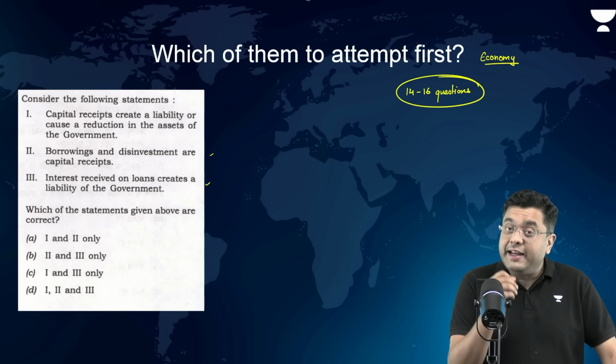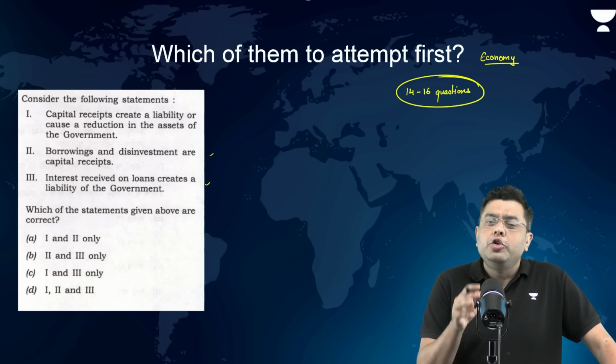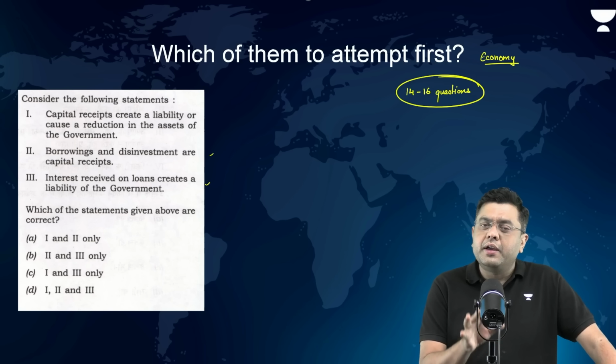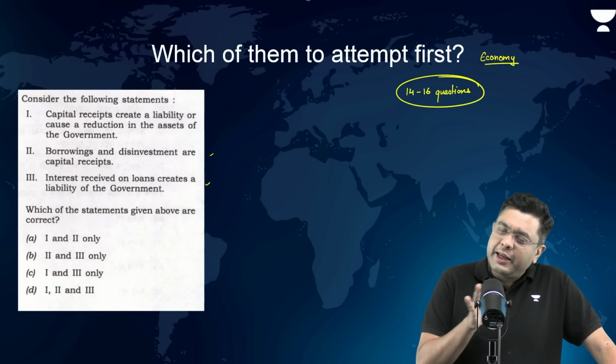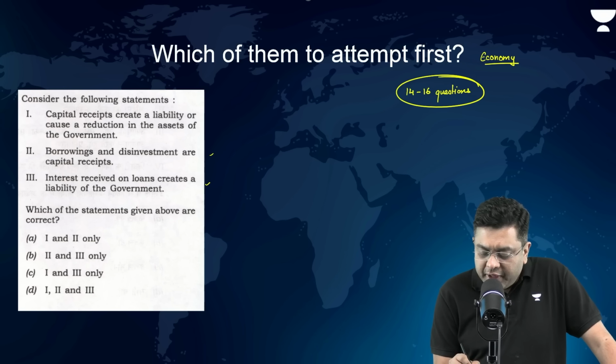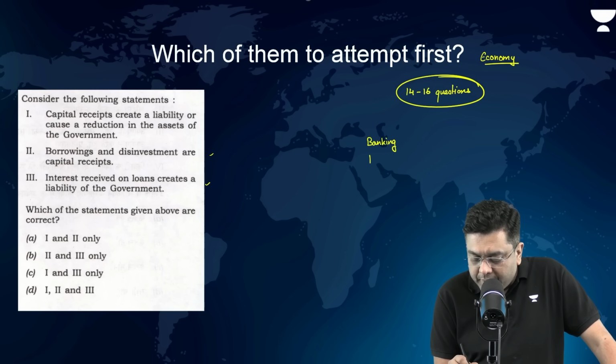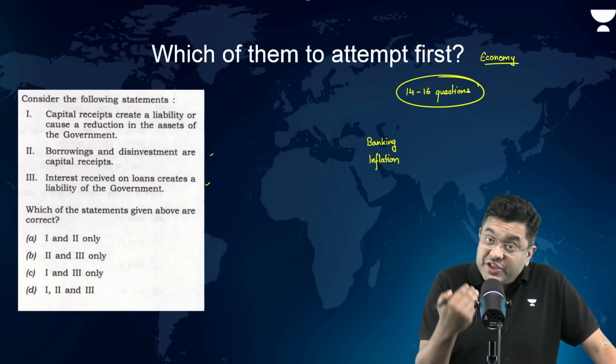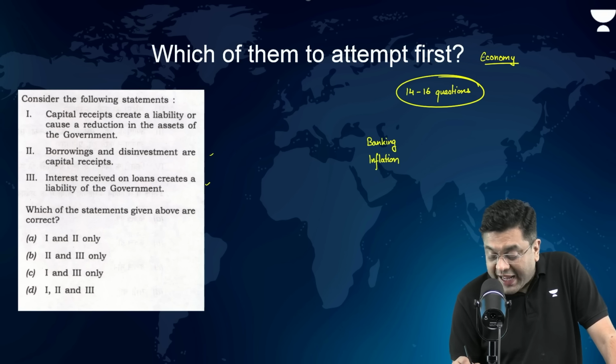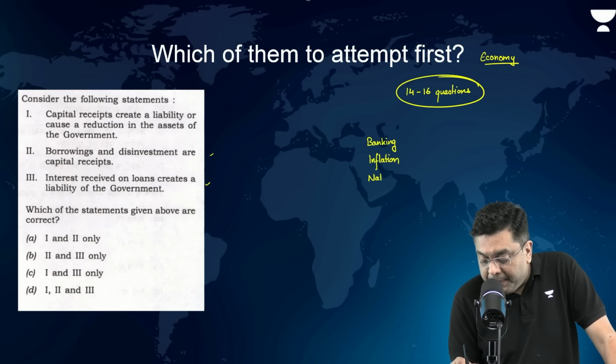Now these kinds of questions you would have studied in your basic economy. If you cover the portion of banking, inflation, the WPI changes, the CPI changes, the GDP, the case of national income, the GDP base year changing, taxation, right?